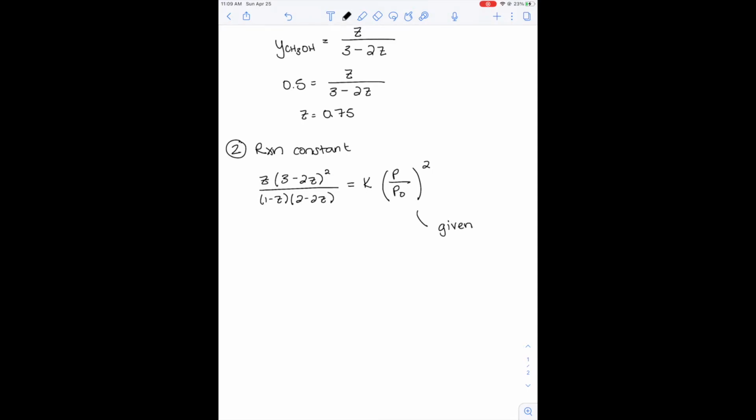We need to recall that we are given that the pressure is equal to 100 bar, and in the initial problem statement, P naught is given as 1 bar.